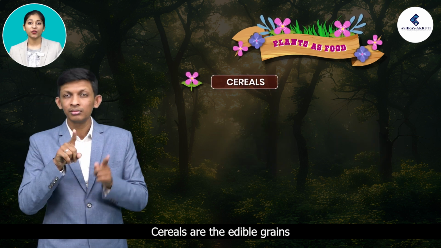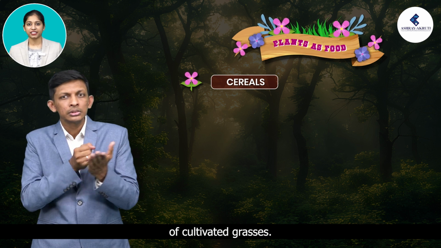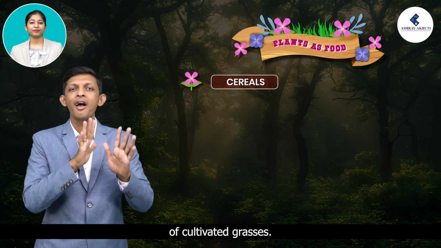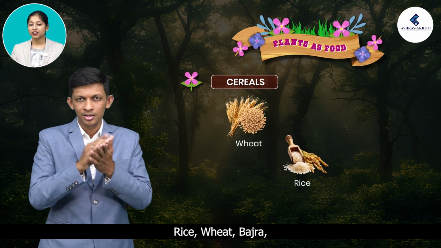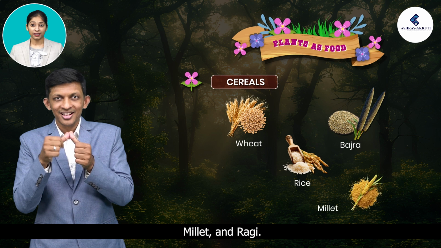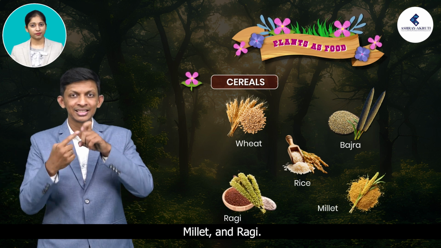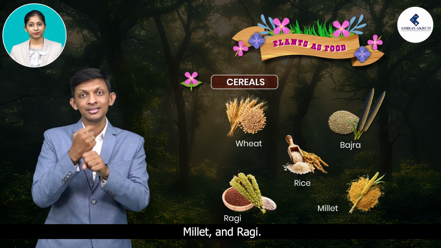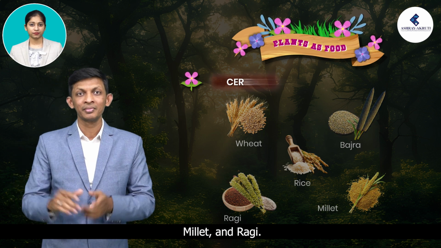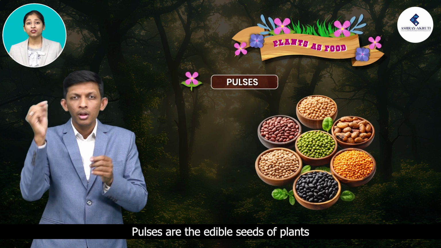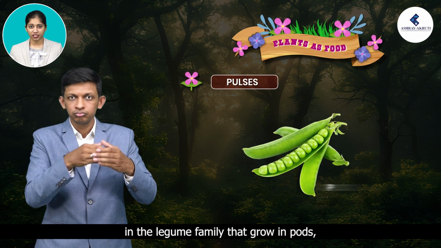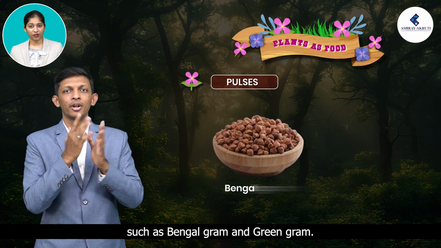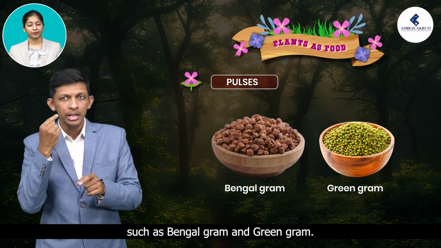Cereals are the edible grains of cultivated grasses. Examples include rice, wheat, bajra, millet, and ragi. Pulses are the edible seeds of plants in the legume family that grow in pods, such as Bengal gram and green gram.